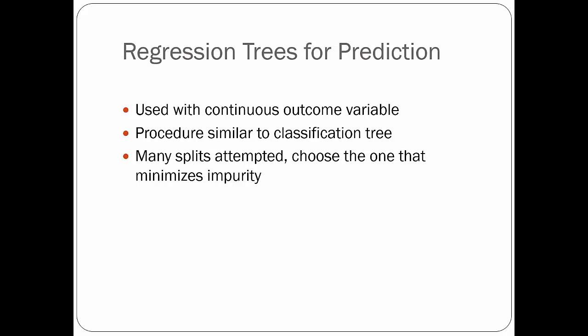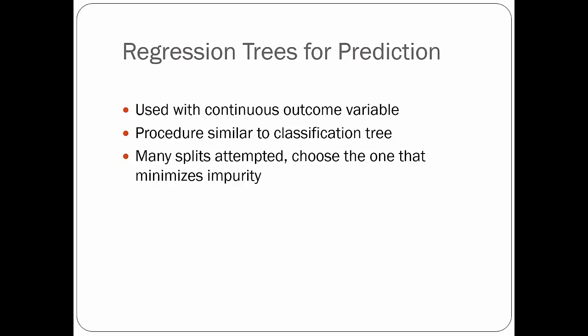For the purpose of branching, you'll use root mean square error, and for the purpose of prediction, you'll use the average of each of the rectangles. So it is used for a continuous outcome, and the procedure is similar. Many splits are attempted. Choose the one that minimizes impurity, and here impurity is measured by root mean square error.